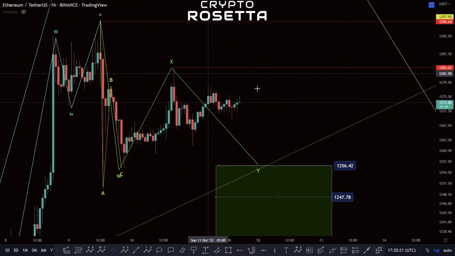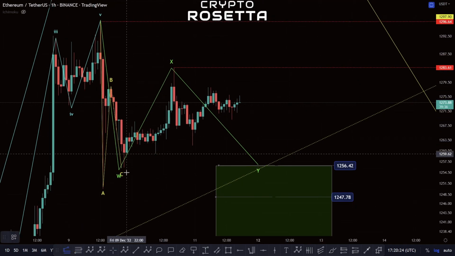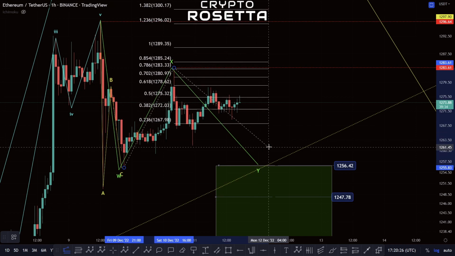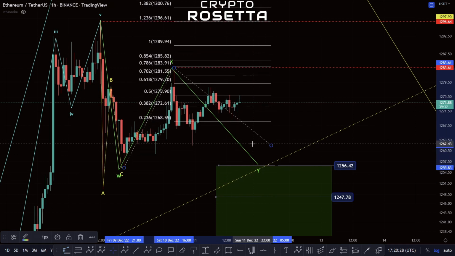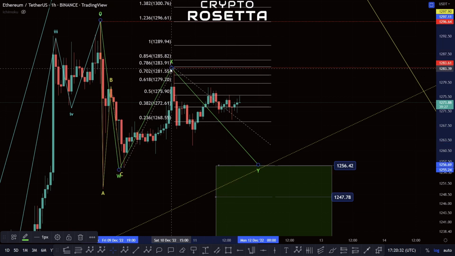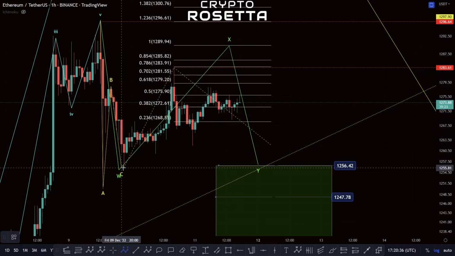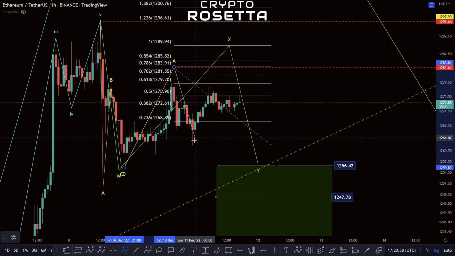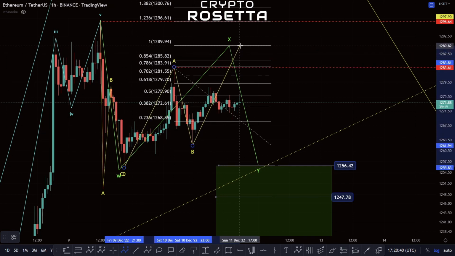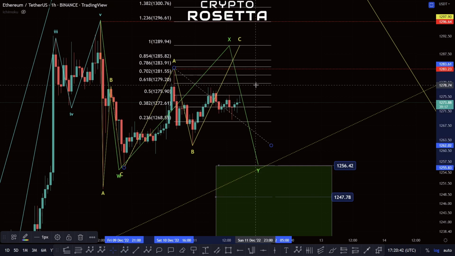Though this X wave, like I said, might not be completed, and rather what we'd be looking at is the potential that we have a move to the upside here. And what we would be looking at there is a potential move up here, and that would be in this sense as a B and a C to the upside.